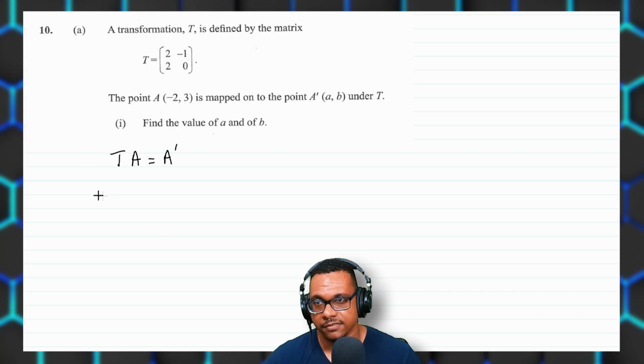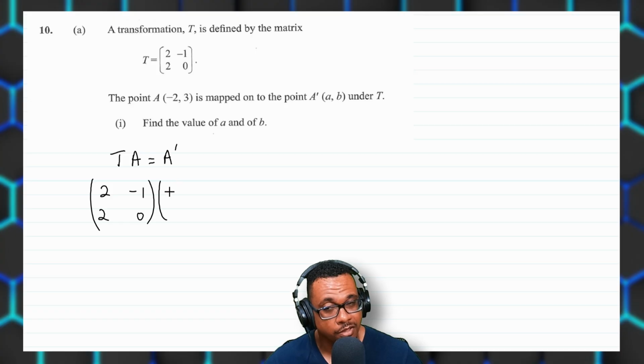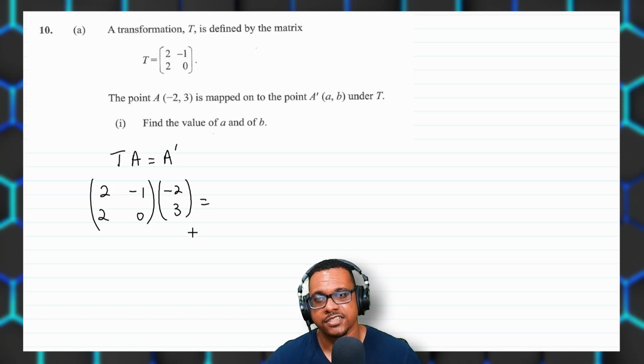Our transformation matrix will be [2, -1; 2, 0] times our object coordinates (-2, 3), written as a column matrix. That's going to give us an answer that will also be a column matrix, which will be A prime, with the first number on top being a and the number below being b.